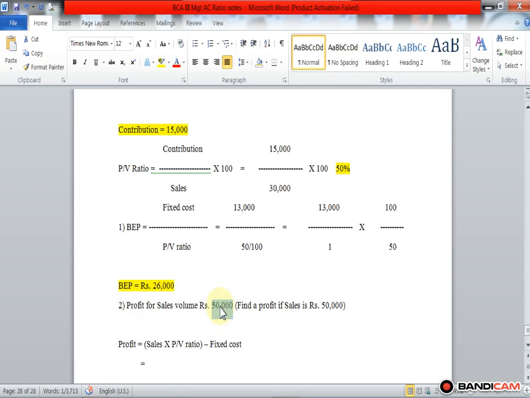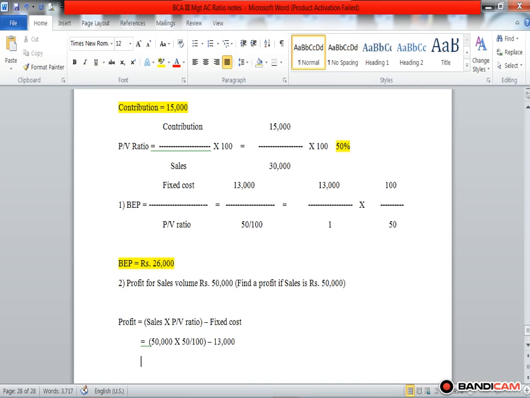So 50,000 multiplied by PV ratio, and PV ratio is 50 divided by 100, bracket complete, minus fixed cost. Fixed cost is rupees 13,000, which is given in the problem here.